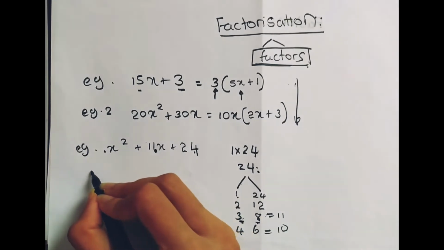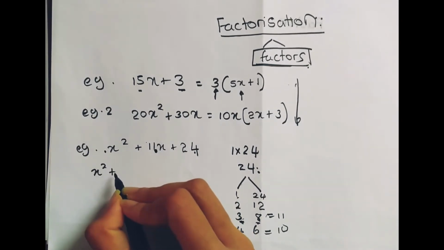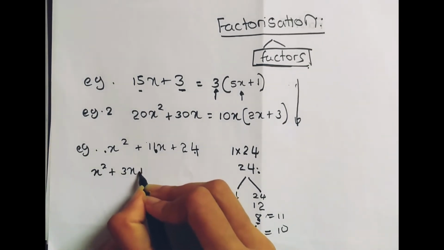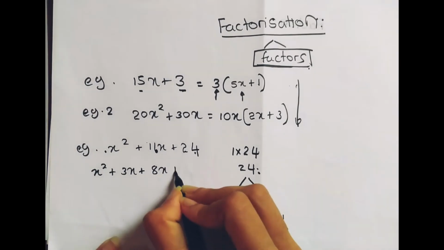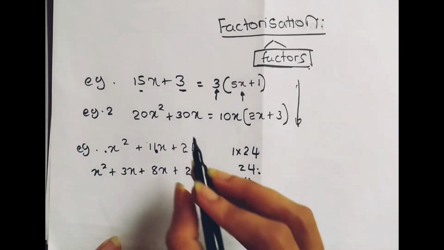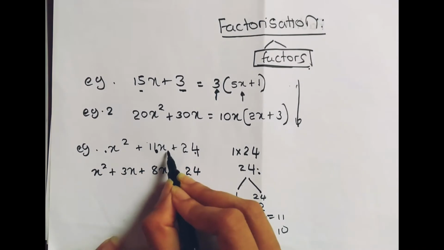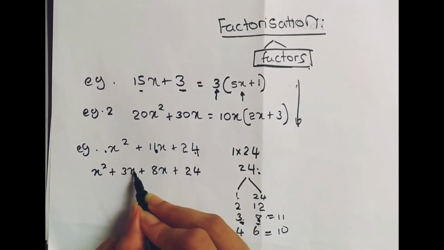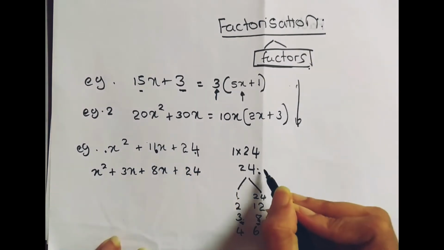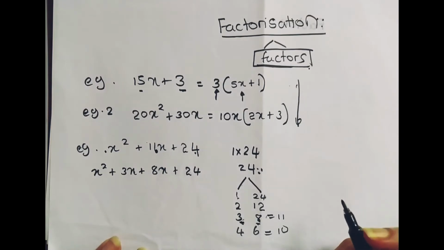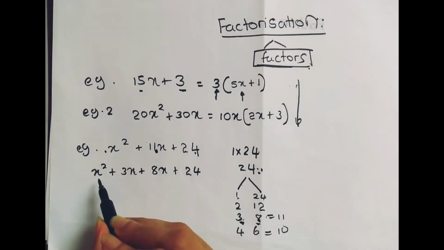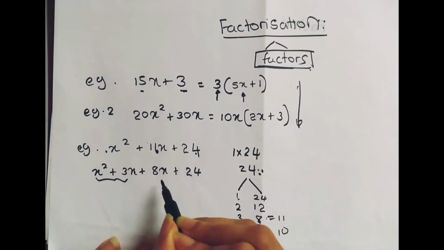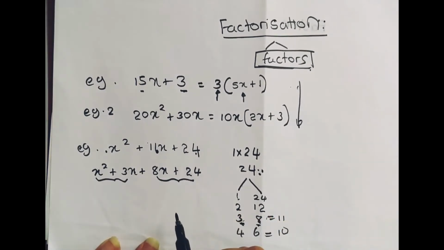Then I'm going to write here x squared plus 3x plus 8x plus 24. So I break this 11x into two numbers according to the factors of 24. Then I'm going to take these two separately and these two separately.